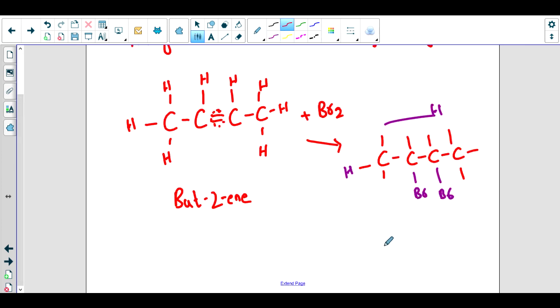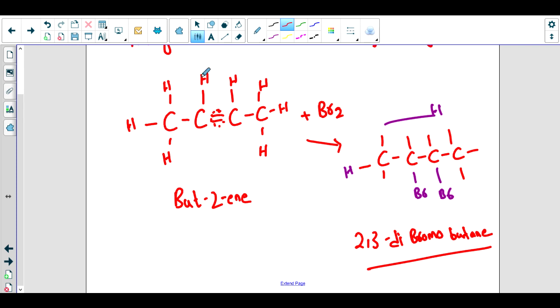And what will be the name? You can call it 2,3-dibromobutane, since the longest chain is butane. If you have problems in writing this name, you have to go back to the previous videos. It is very good if you see all the videos together, so that you develop a concept of organic chemistry, and you will enjoy it.